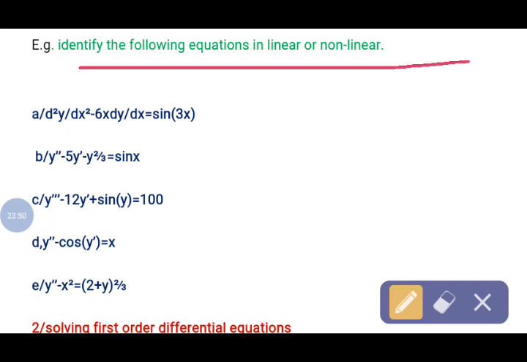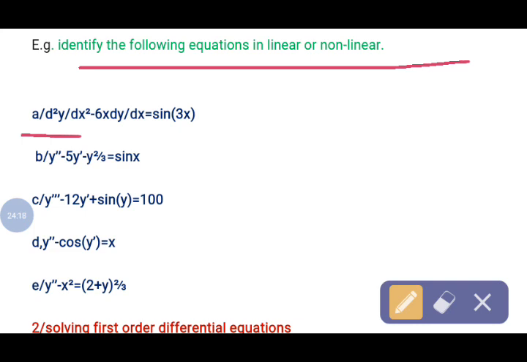To identify linear and non-linear differential equations, we have already seen two rules on the previous slide. The first one: y double prime minus 6x dy divided by dx is equal to sin 3x.